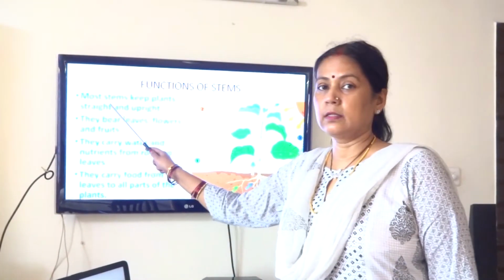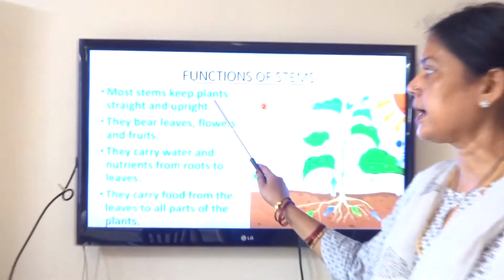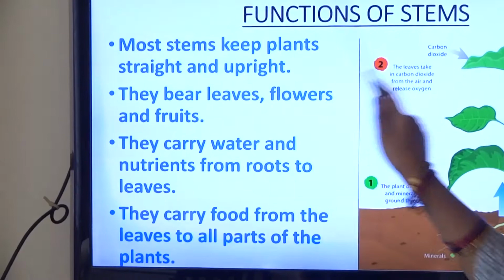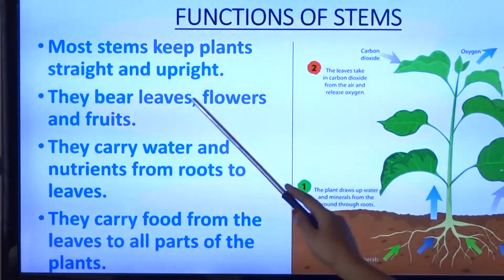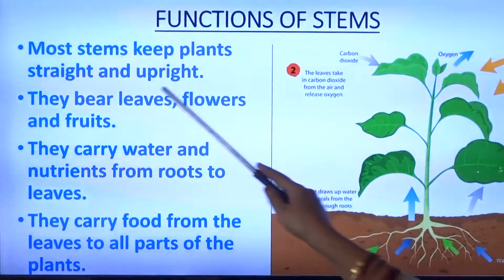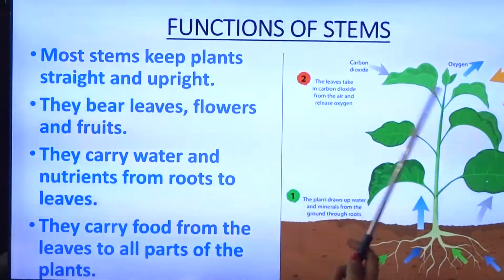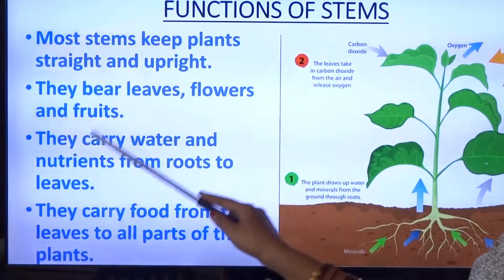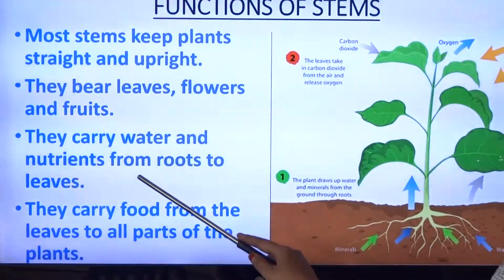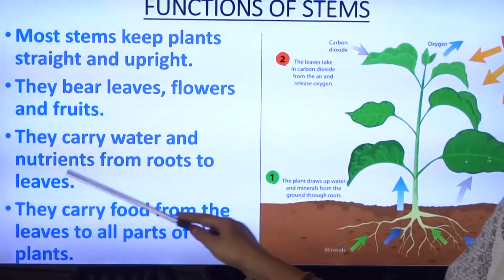Most stems keep plants straight and upright. They bear leaves, flowers and fruits. They carry water and nutrients from roots to leaves.